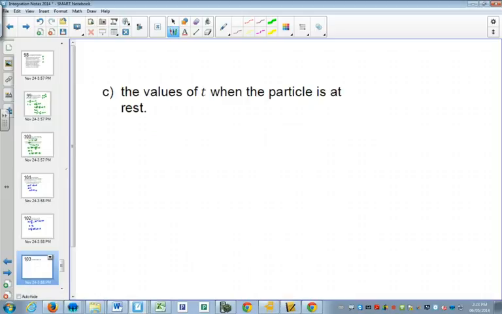Now to find out when it's at rest, that means your velocity is equal to 0. And if the velocity is equal to 0, then that means that we have t squared, is it minus 4t plus 3?